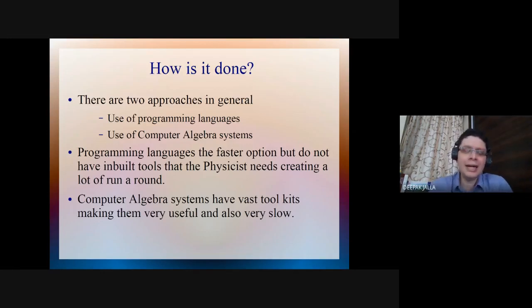Across all tasks, there are certain tasks that are used to measure the speed of programming languages. Mathematica was found to be 120 times slower than C, whereas MATLAB turns out to be around 5 to 600 times slower than C. So the speed you lose is quite considerable.